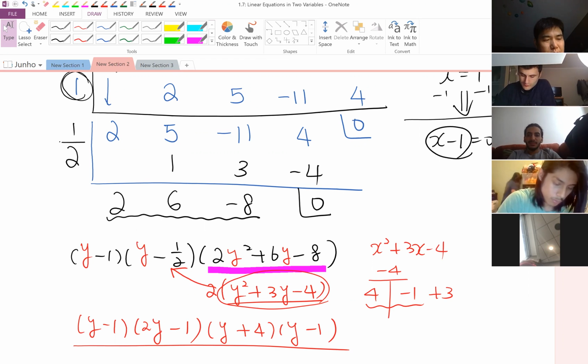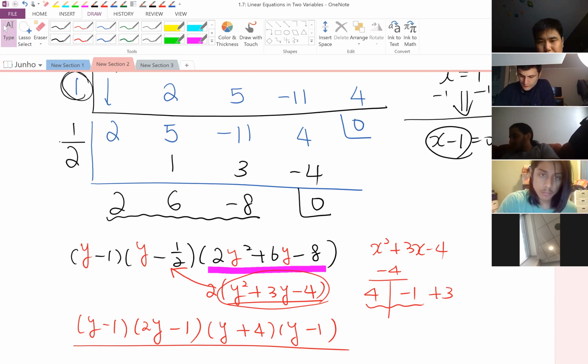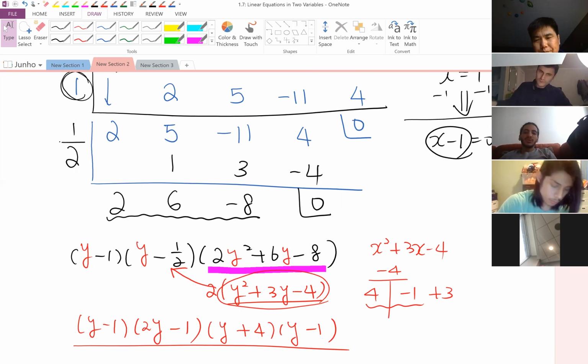So that's the letter C. Okay, then now number 4. Can we move up to number 4? Do you have any questions so far? So what we conclude is the remaining solutions.